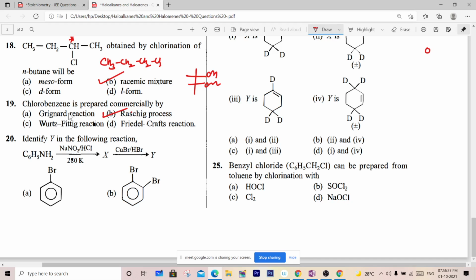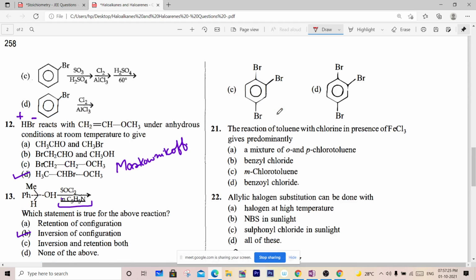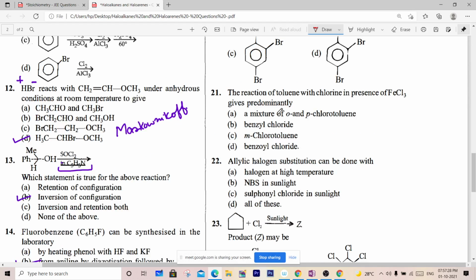Number 20. Identify Y here. Oh, very simple question. Sir, A. A, sir. A. Hmm. 21.